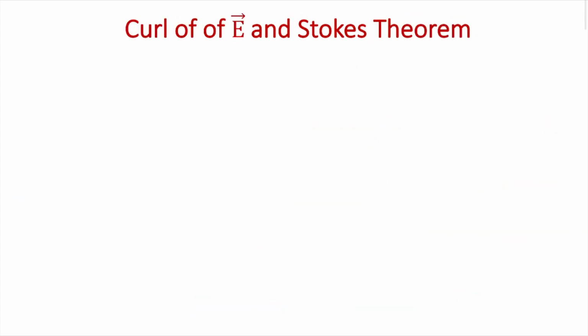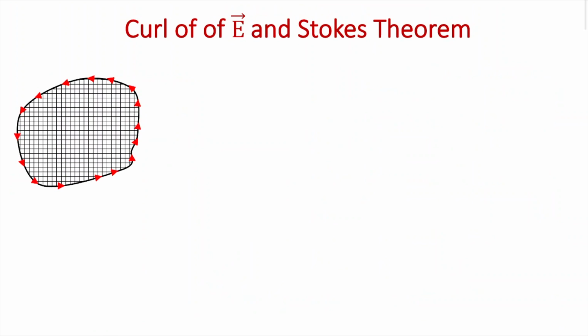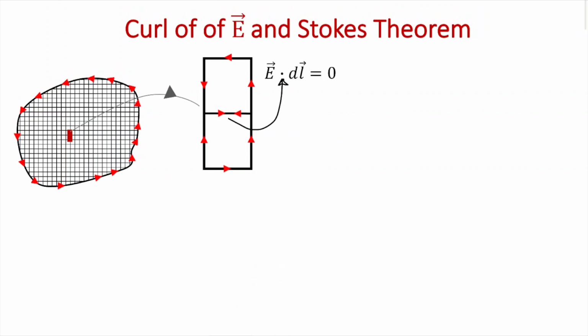So now, since we understood how to calculate the curl of the electric field, let's see what happens in a shape which is more or less random. We are going to divide this shape into small boxes, consider only two of them, and calculate E dot dl for these two boxes.